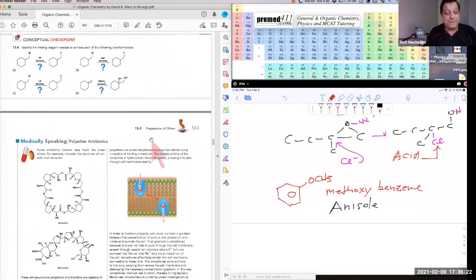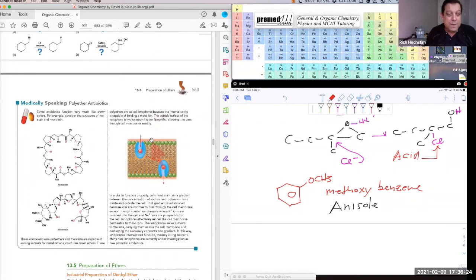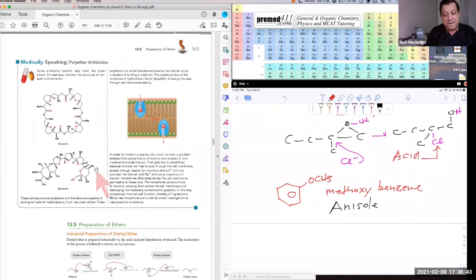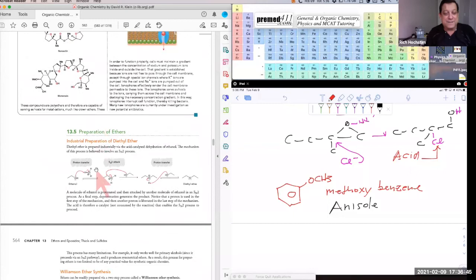Oh, well, here it is. You see, you can actually use molecules like crown ethers to act as antibiotics. They work very much like crown ethers. And we can actually design antibiotics this way. So I don't think this is on the test. I happen to think it's interesting, but let's go back to this. Okay.